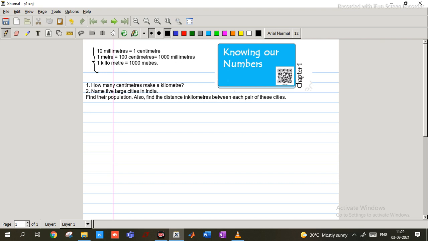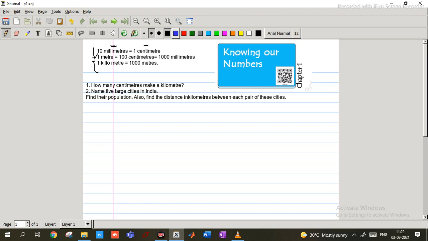In this exercise particularly, we study conversion, right? So let's say I have given this example that 10 millimeter makes 1 centimeter. For a better understanding, let's start from here.